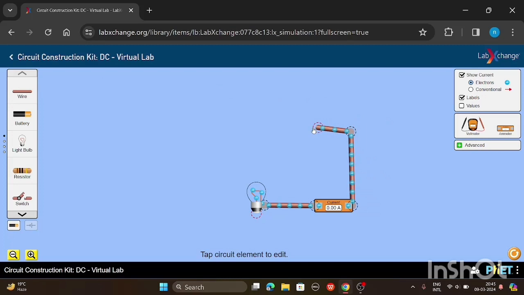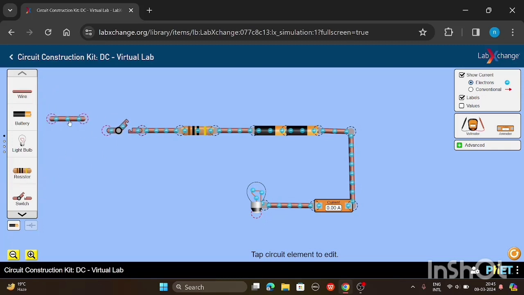So more wire, we can connect a battery, one more battery, and then some wire, and then a resistor, then some wire, then we can connect a switch, some more wire.